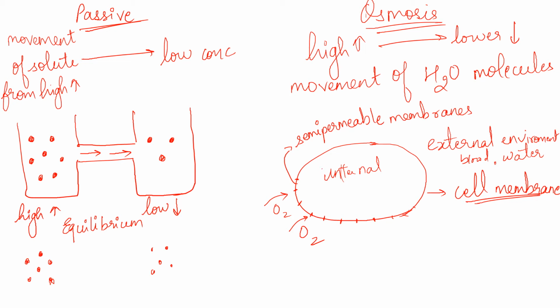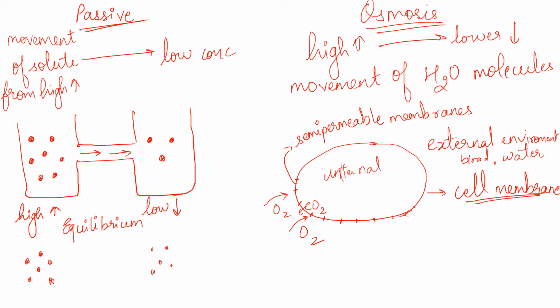So the cell requires oxygen from the external environment, so the semi-permeable membrane will allow the entry of O2 molecules inside. At the same time, because of the metabolic activities, the cell also produces carbon dioxide. Now, this carbon dioxide cannot be kept inside the cell. It is toxic, so the cell has to give it out. So the CO2 molecules also can travel through these membranes.